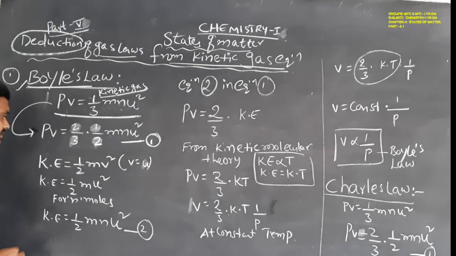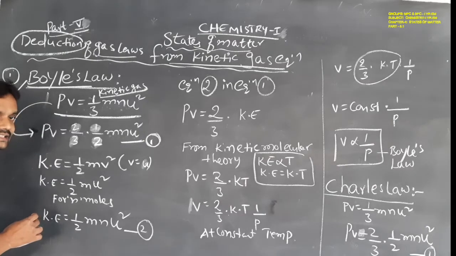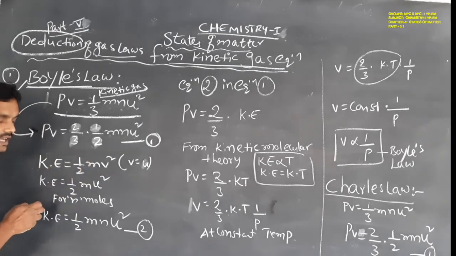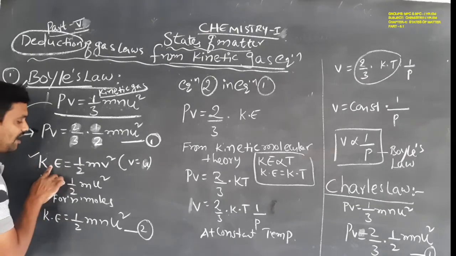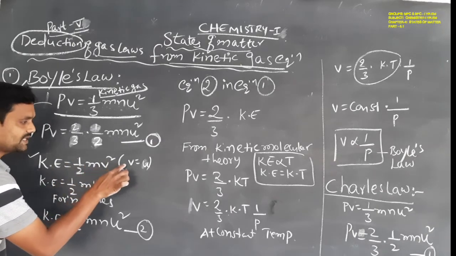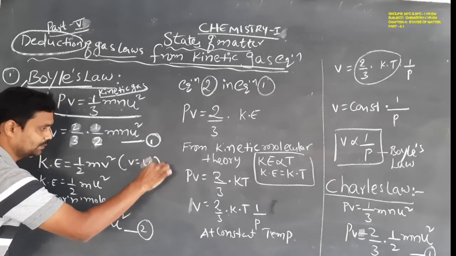And already we know the kinetic energy equation, that is KE equals half mv square. Here in place of velocity v, we use the RMS velocity u.